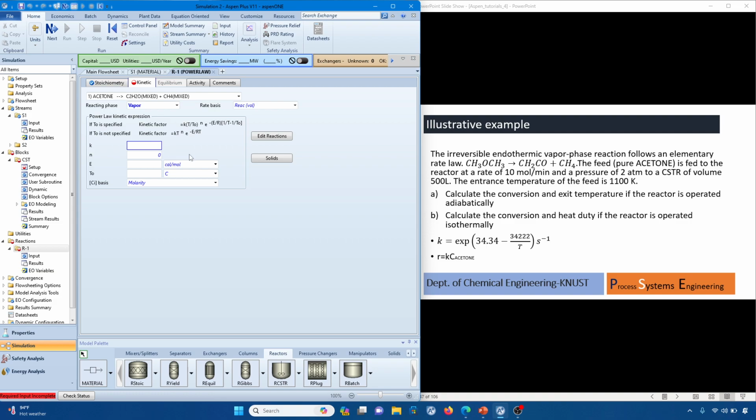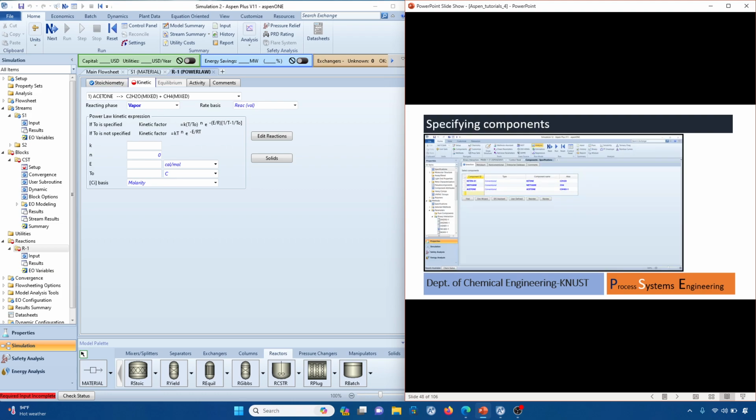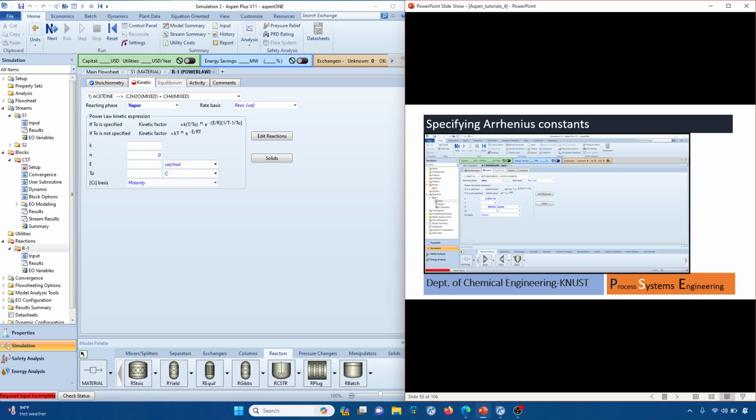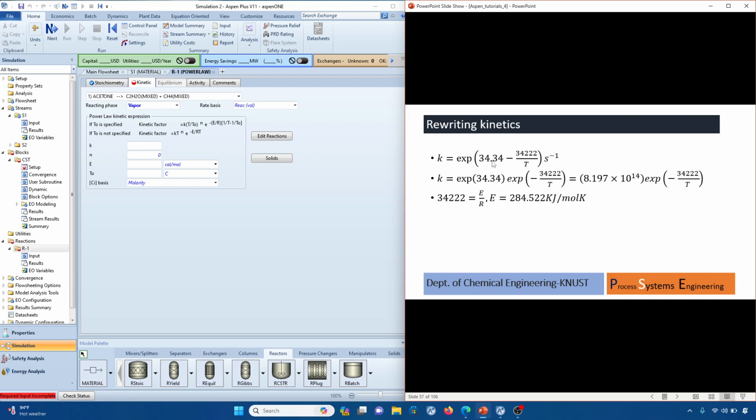So we modify the k in our problem, using a bit of mathematics. We express this as a product of two exponentials, and compute this first value, and that becomes our pre-exponential factor.